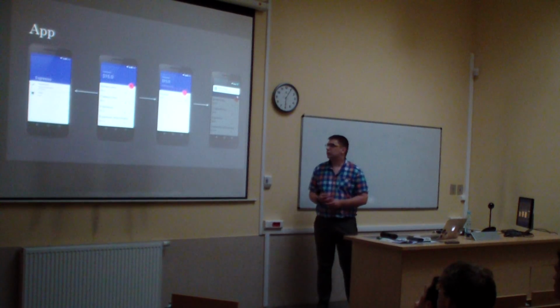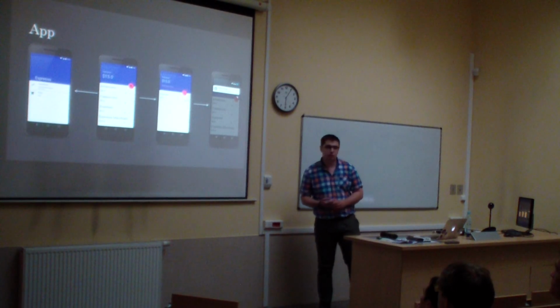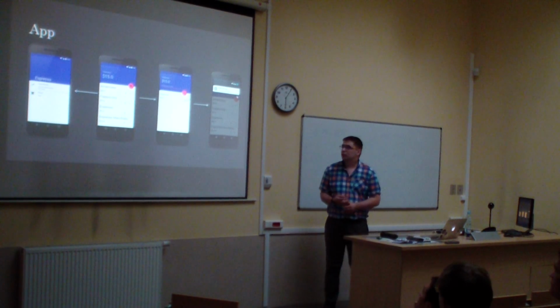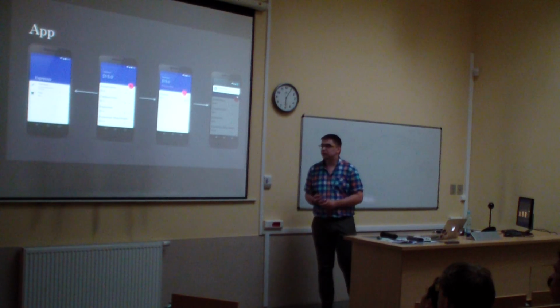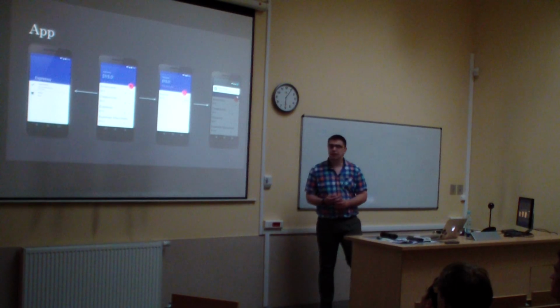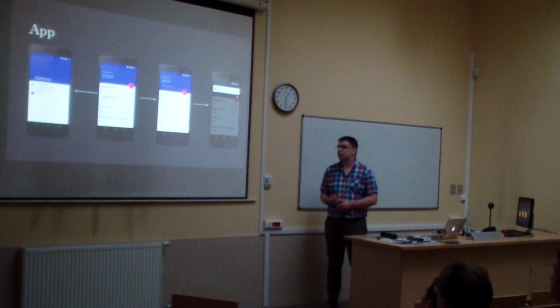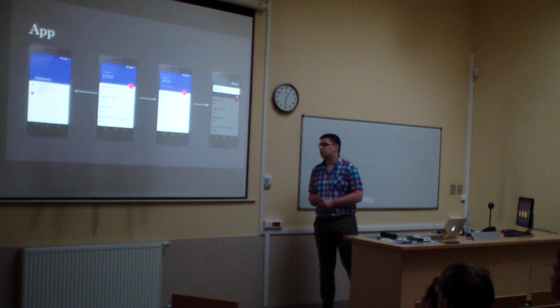For demonstration purposes, I created a simple application which shows you the process of ordering some coffee. This application has three main screens. The first screen has a list of coffee and the total price for each coffee.